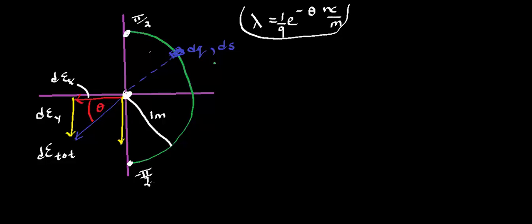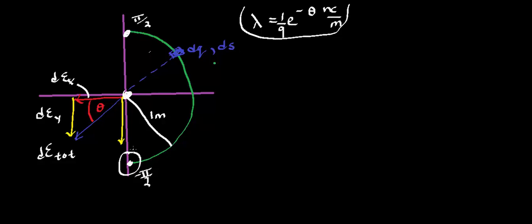My question to you is, at what point is the charge density going to be the highest? Since the function inside the exponential is negative, at negative pi over 2 the charge density is going to be the highest.